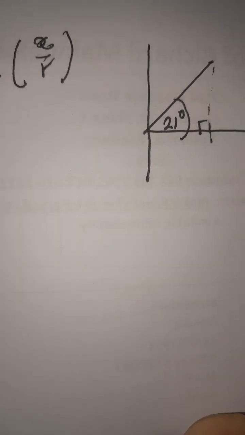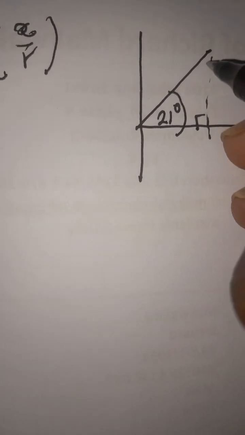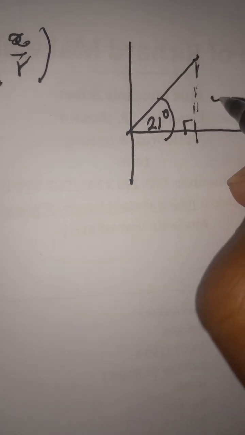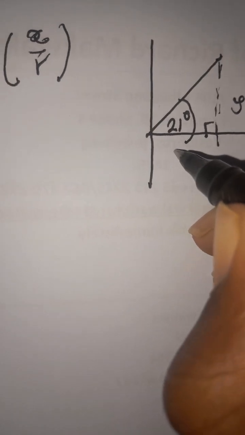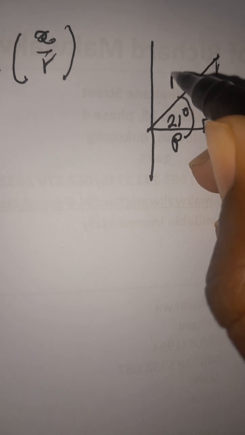Let me sketch my right triangle there. Your opposite side will be y, which you don't know, but the adjacent side you do know, which is p. Then your hypotenuse is 1. So what is missing? It's y.